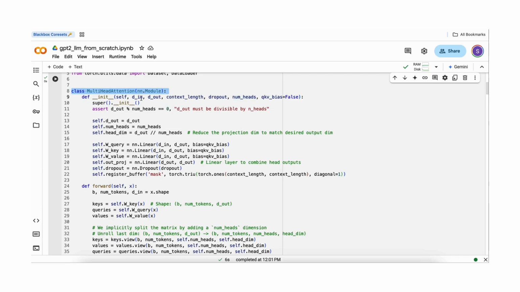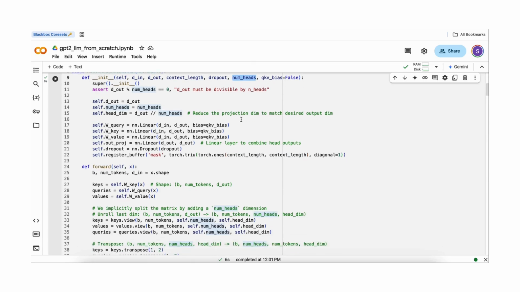It says that we need the D in and the D out, which are the input and output dimensions, and the context length, which is the number of tokens we have, or the maximum number of tokens we can have. Then the dropout, and the number of heads we have, which may be 8.